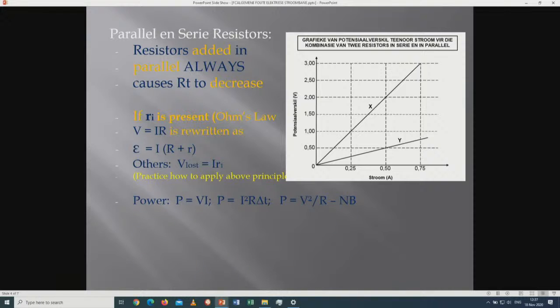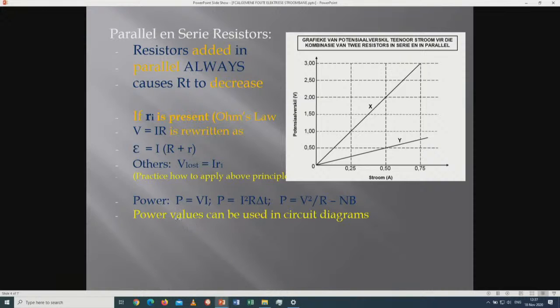Then the formulas for power are also important in electric circuits, because I'm sure you have been looking at previous exam papers, and sometimes they give some of the information about the circuit by means of the power generated by some device in the circuit, some kind of resistor.